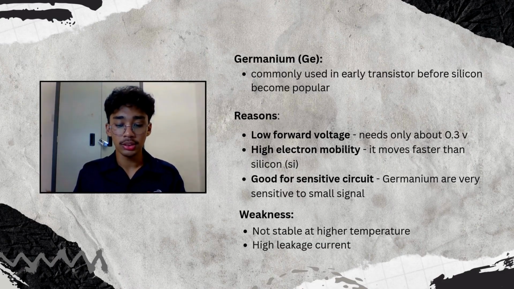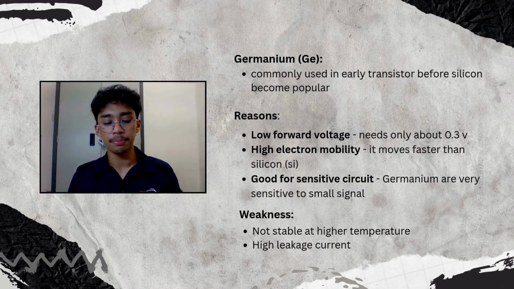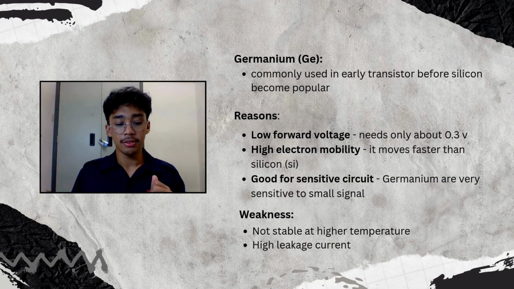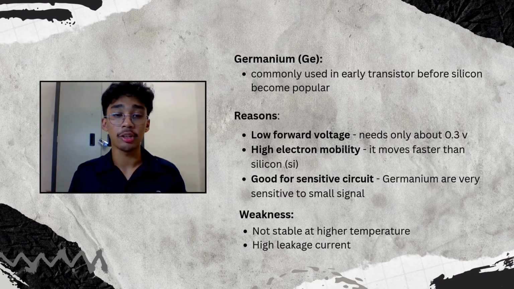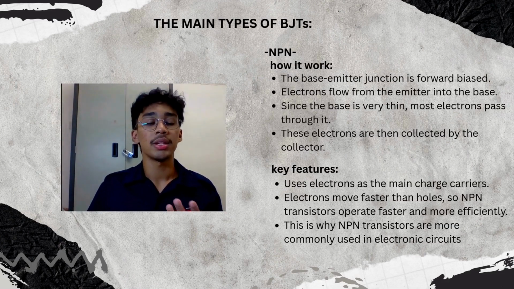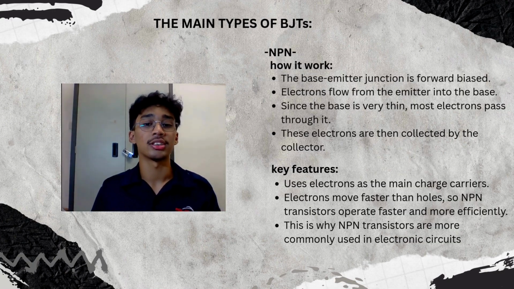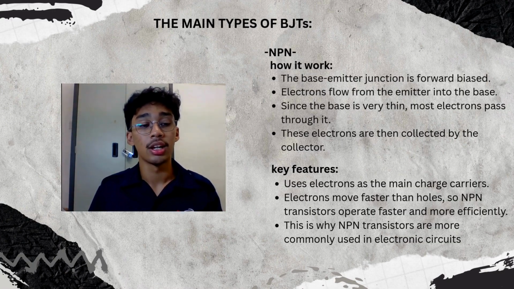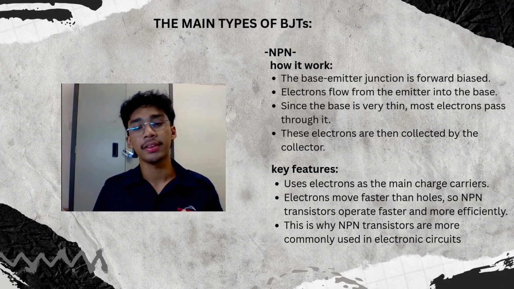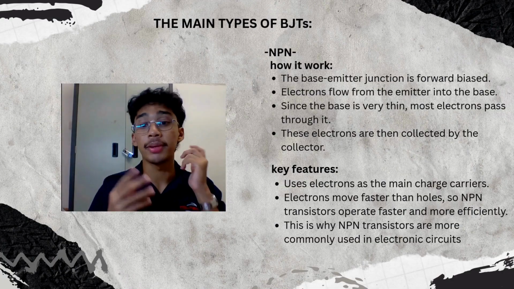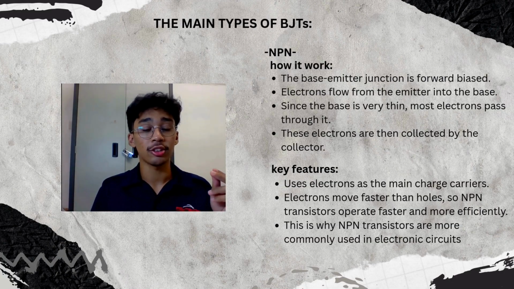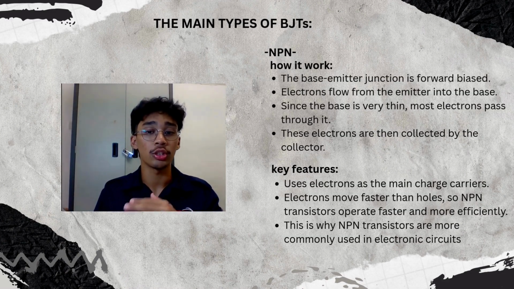But in today's world, silicon has replaced germanium, because germanium's weaknesses are that it is not stable at higher temperatures and has high leakage current. Now, the main types of bipolar junction transistor. First, the NPN. How it works is the base-emitter junction is forward biased. Electrons flow from the emitter into the base.